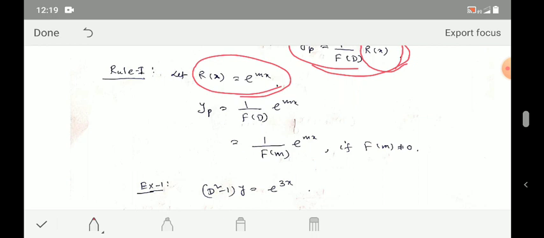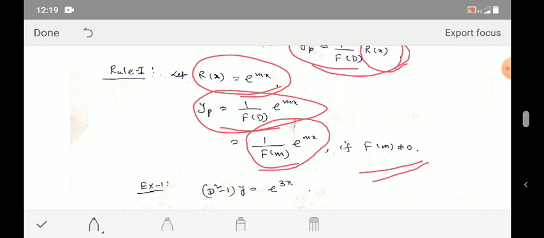Therefore yp = 1/f(D) e^(mx). Then the particular integral yp becomes 1/f(m) e^(mx), if f(m) is not equal to 0, obviously. The case f(m) = 0 I will discuss later. Therefore this method is very simple if f(m) is not equal to 0.